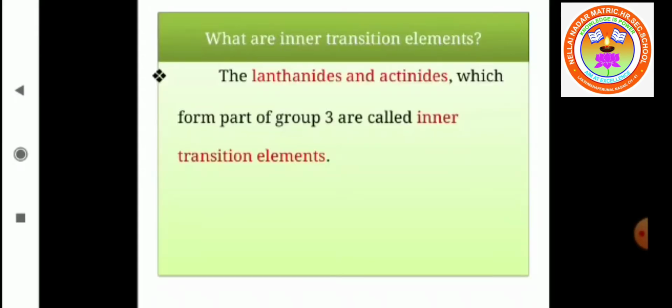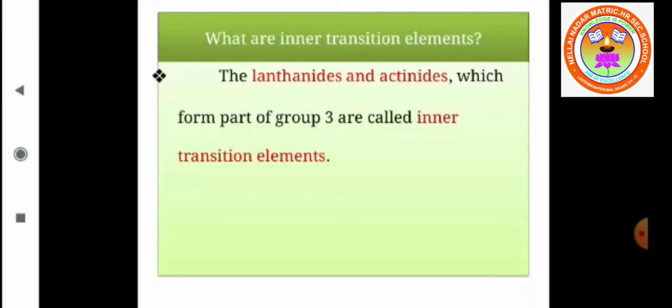Okay. Coming to the next slide. What are inner transition elements? Inner transition elements are lanthanides and actinides. They are included in group 3 of the modern periodic table. But they are placed at the bottom of the modern periodic table in 2 rows.